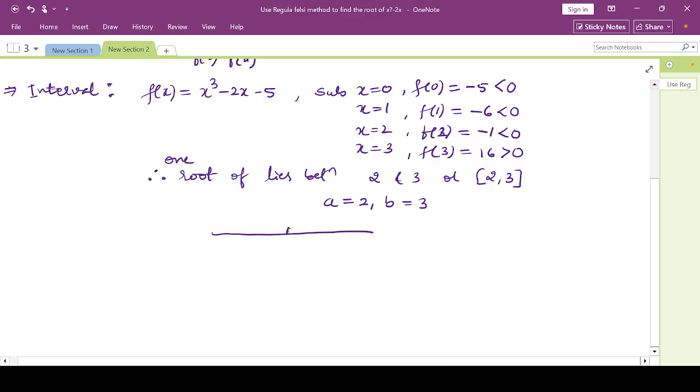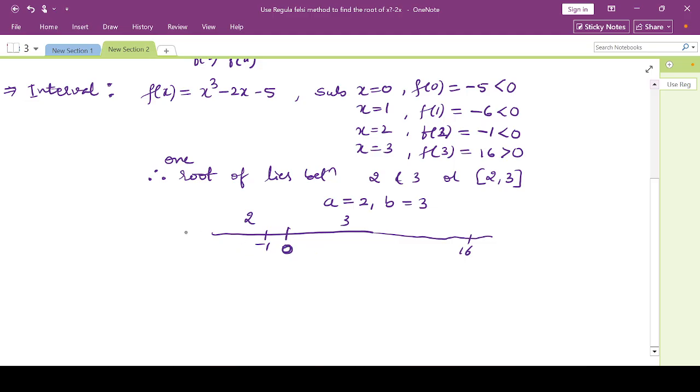This is 0. By substitution of 2, you will get minus 1. By substitution of 3, you will get 16. 16 is far away from 0.